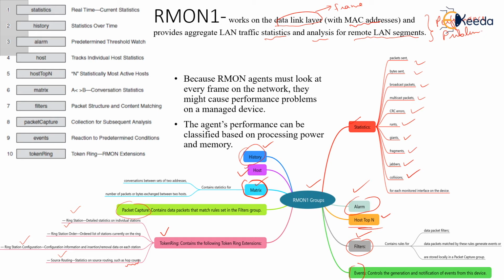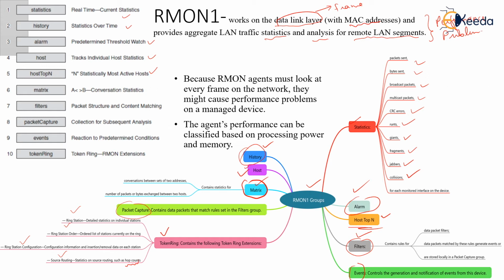So this is one more diagram for RMON groups. First is statistics, current statistics. History, statistics over time. Alarm, predetermined threshold watch. Host, tracks individual host statistics. Host top N, statistically most active hosts.